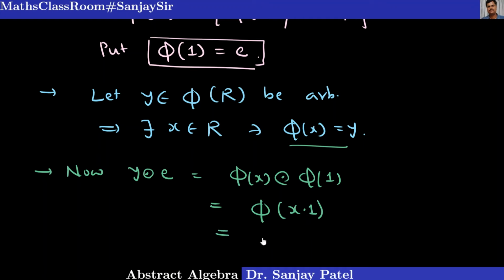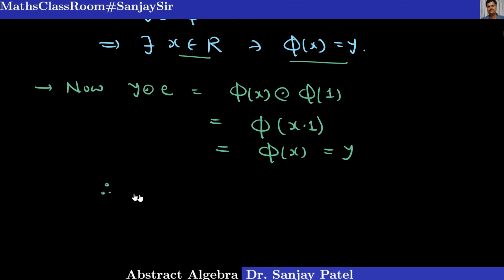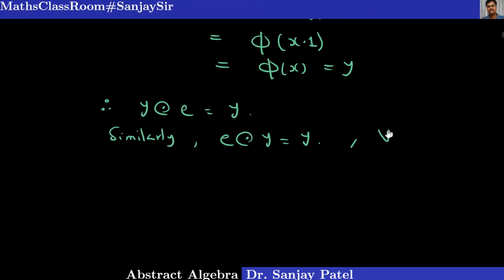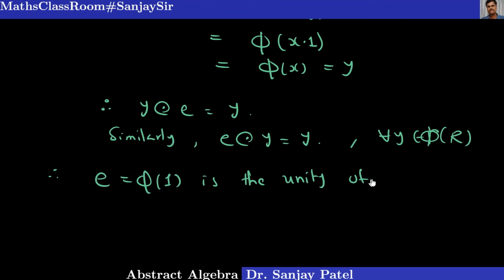But 1 is the unity element of R and X is also in R. So X into 1 is X. So this we are getting as X, and phi of X is actually Y. So what I have proved is Y circle E is equal to Y. And similarly we can prove that E circle Y is equal to Y. And this means E is the unity element because Y is any element of the codomain, this phi of R. It follows that this E, that is phi of 1, is the unity element of phi of R. Okay, so the third result is also proved.